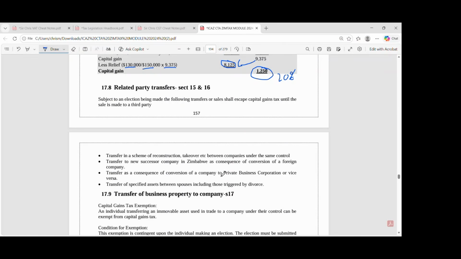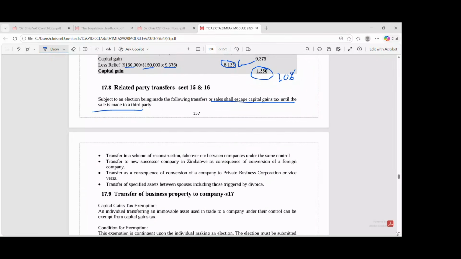The reason is that we want to escape CGT or income tax. But if they are being transferred to the former owners, that's when we say we transfer them at fair value. Yesterday, on Tuesday's session, that's what we covered. So it's being borrowed from the tax issue.